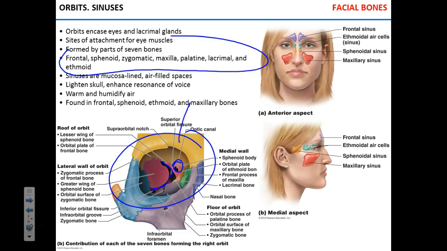Frontal, sphenoid, ethmoid, lacrimal, maxillary, zygomatic, and palatine. I believe it's not clearly seen here. Well, a little bit of palatine right here. So seven bones form the orbit.